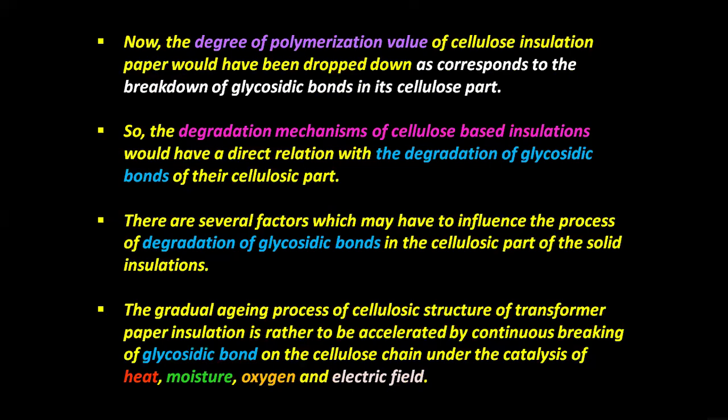There are several factors which may influence the process of degradation of glycosidic bonds in the cellulosic part of the solid insulations. The gradual aging process of cellulosic structure of transformer paper insulation is accelerated by continuous breaking of glycosidic bonds on the cellulose chain under the catalysis of heat, moisture, oxygen and electric field, that is alternating electric field.